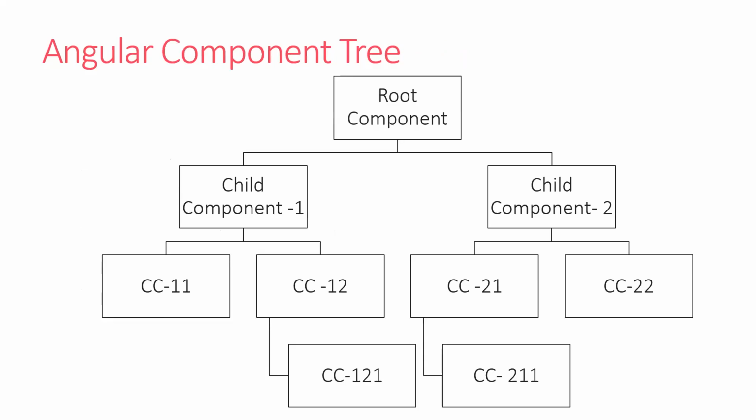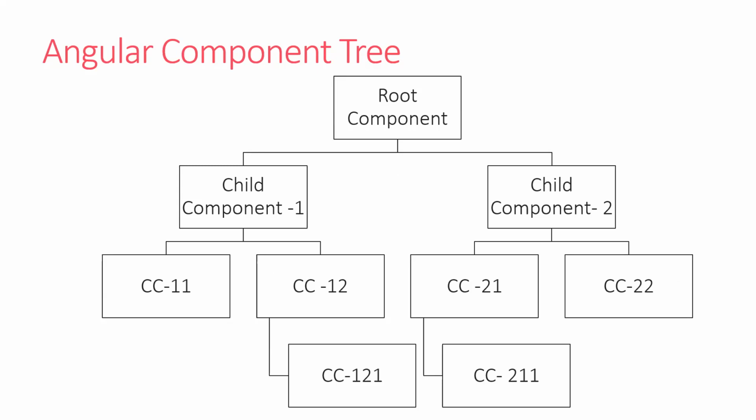Now, this slide is very important, which you need to understand. If you have understood what a change detector is, that each component has its own change detector, and that the change detector gets called in those three scenarios, now, an Angular application is nothing but a component tree. Your Angular application can have 100 components, and if you put them together, you'd come up with a tree.